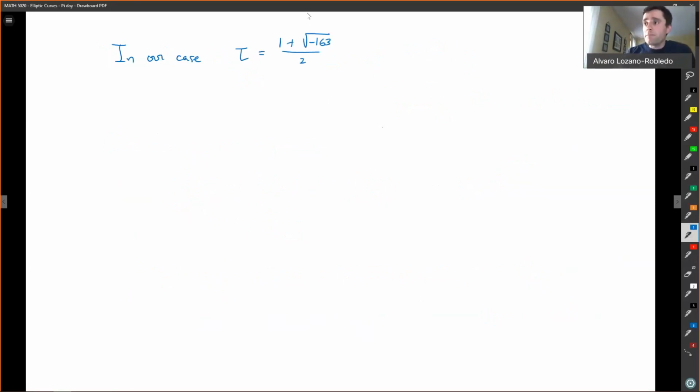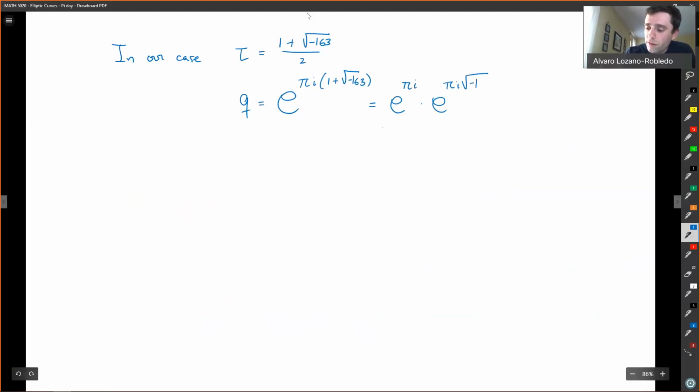So how much is q? Q in our case is e to the pi i times 1 plus the square root of minus 163. The 2 has canceled out with the 2 that was supposed to be in front of the pi. And I can now factor this as e to the pi i times e to the pi i times the square root of minus 163, which is just minus e to the minus pi times the square root of 163, or minus 1 over e to the pi square root of 163.